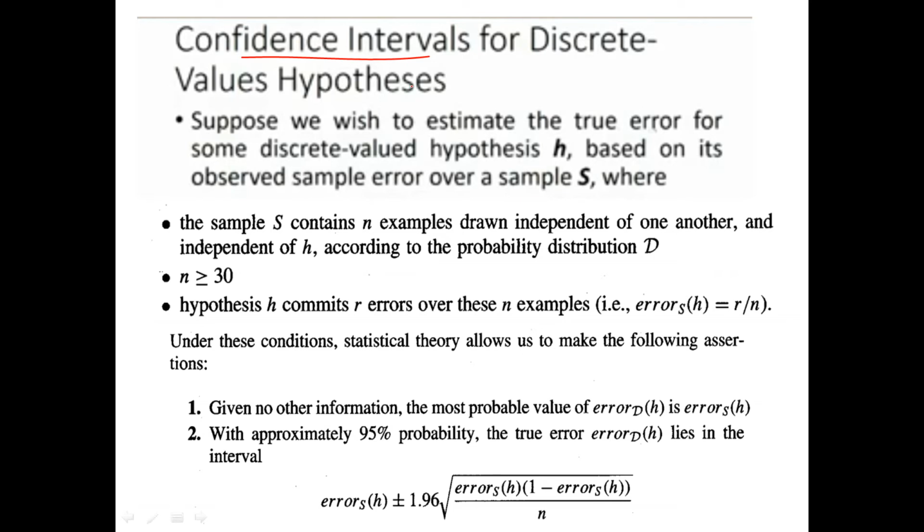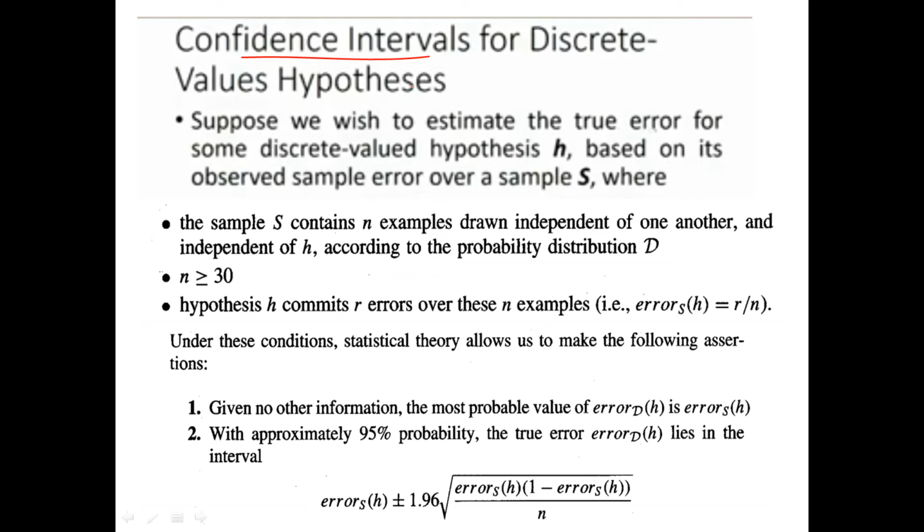With what confidence are you going to tell that when you go to your entire population, this is the percentage of error I am going to have? Now what is this confidence interval? It displays the probability that a parameter will fall between a pair of values around the mean.